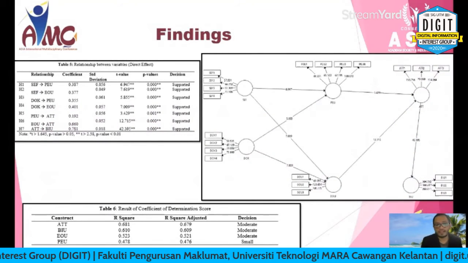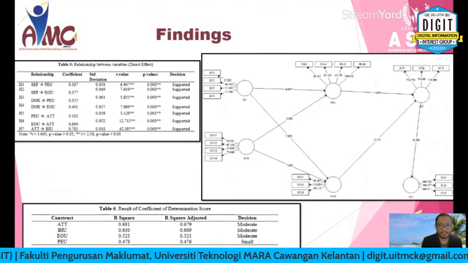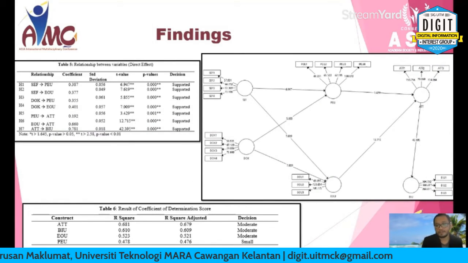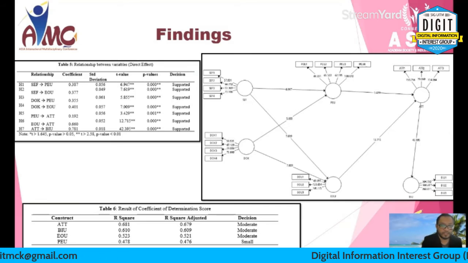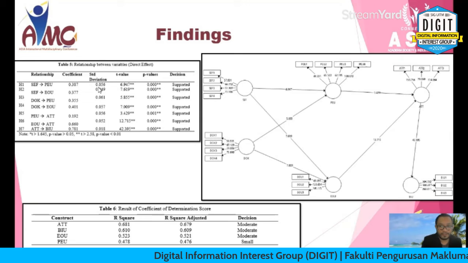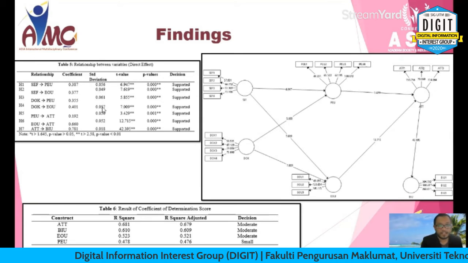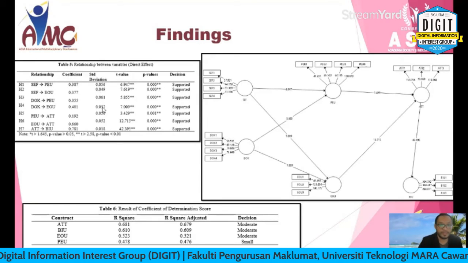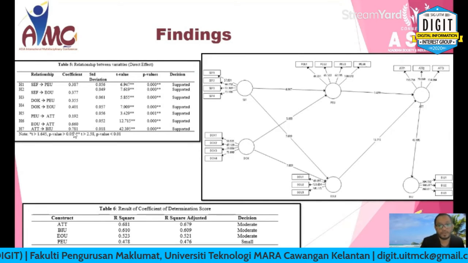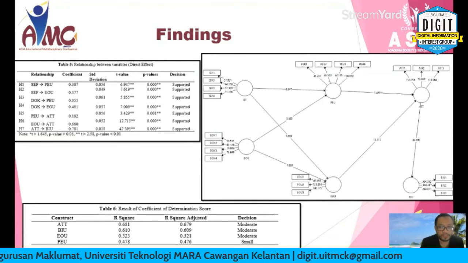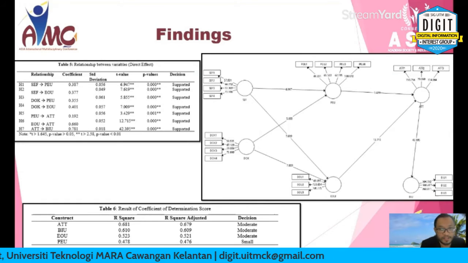So this is the summary of the findings. Based on the findings, all the hypotheses of the study are supported, from H1 to H7, as you can see in Table 5. For the direct effects, the largest t value is between attitude and behavior intention, at 42.395.